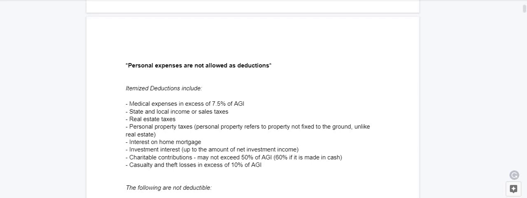So the first one that we have on this list is medical expenses in excess of 7.5% of your AGI. So whatever your AGI is, which is your gross income minus deductions for AGI, and I talk about deductions for AGI in part 6 of the series, but whatever your AGI is, multiply that by 7.5%.